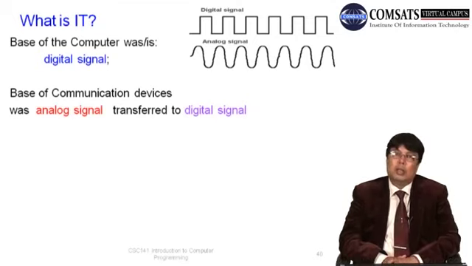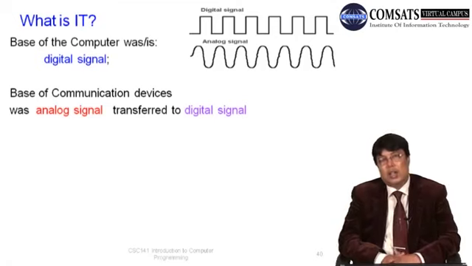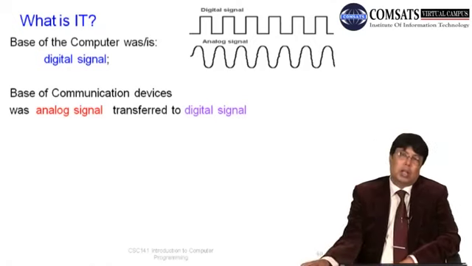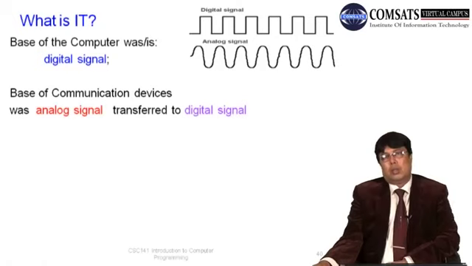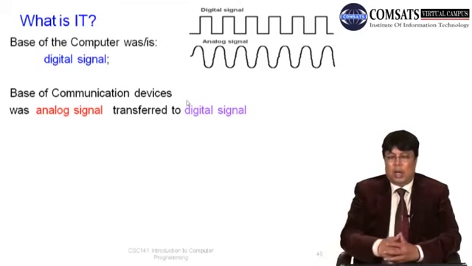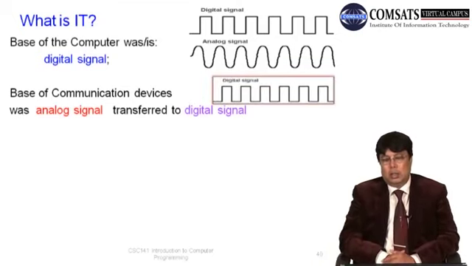But later on, in the recent past, about 10 years back, these communication devices started working with the digital signal, and we introduced digital communication. Once we had digital communication, it was very optimal, it was easy to process and maintain, and therefore the communication devices started working with digital signals.